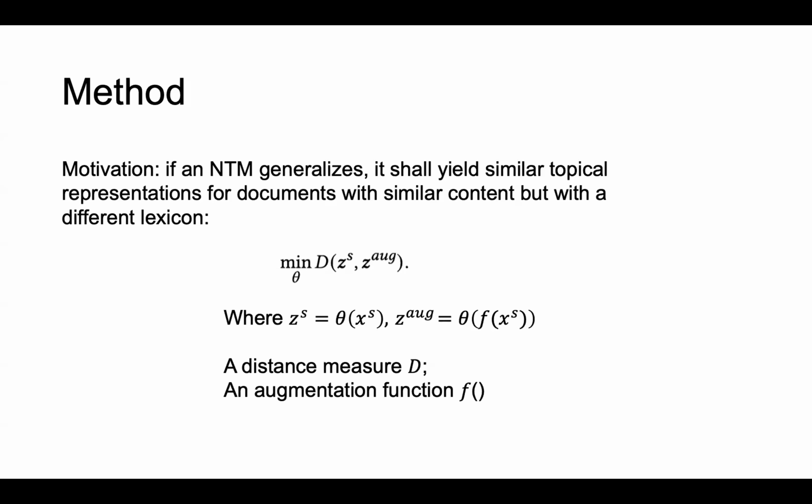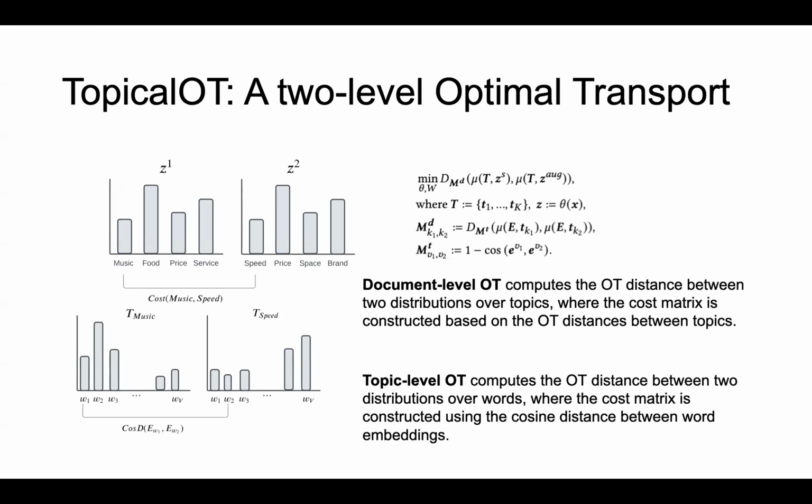Since our workshop is about optimal transport, we focus on the distance measure. We have many choices for distance measure, but here we focus on OT. Why? Because in topic models we have some beautiful characteristics. For example, a topical representation is a distribution over topics.